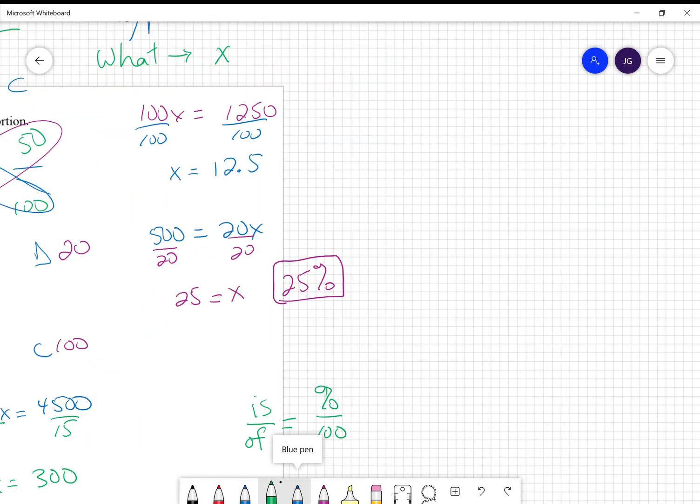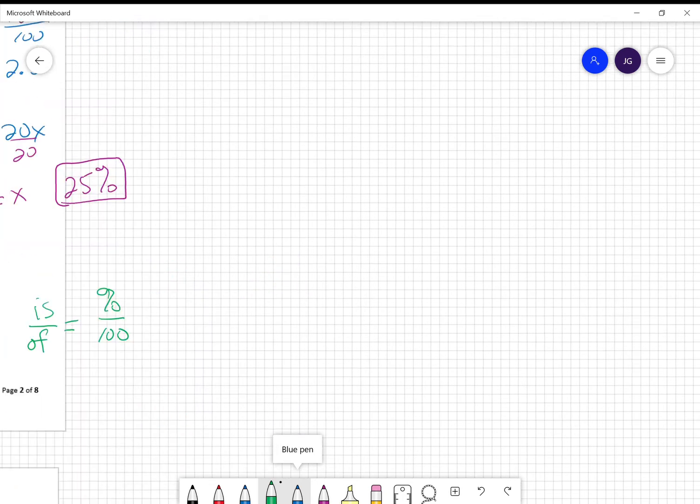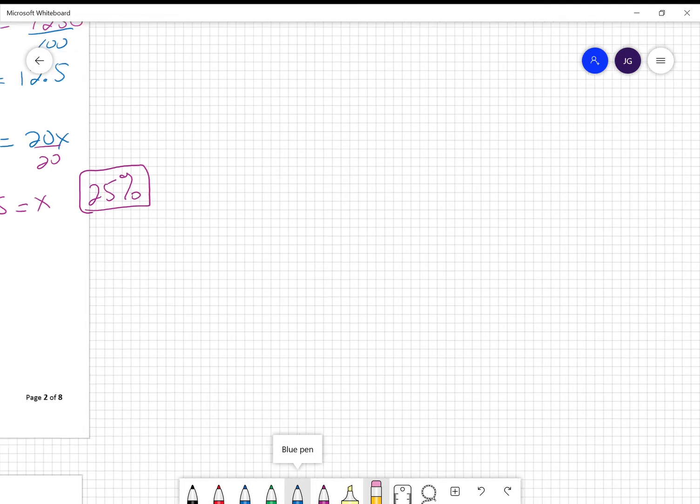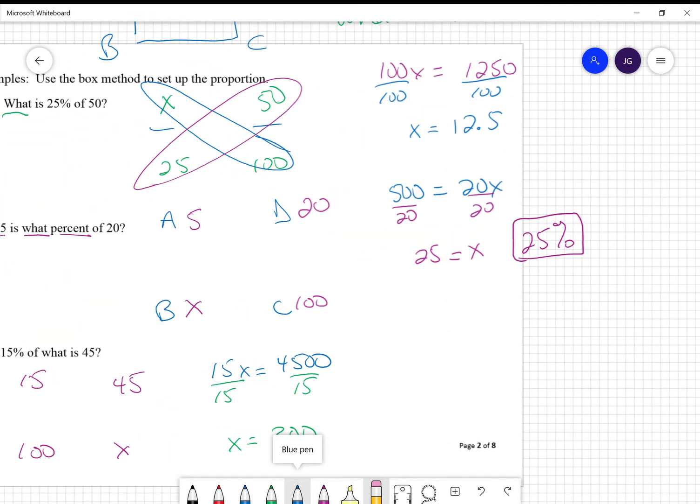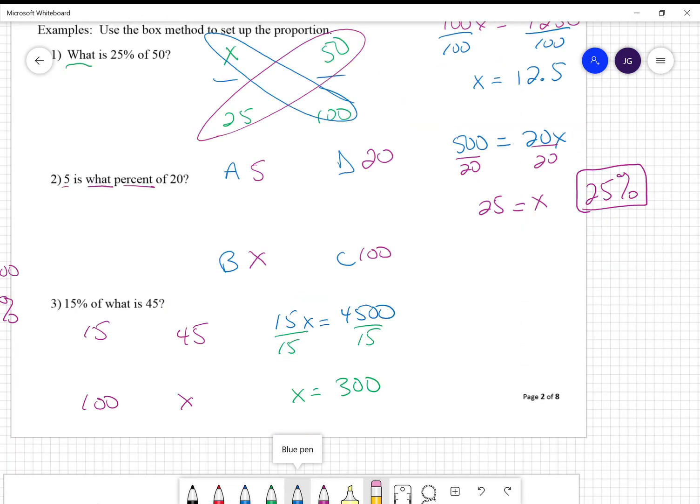And I show it because a lot of people are familiar with it, but they're like, I just can't remember how to do it. Actually, what I'll do is I will erase the box method, because if you want to see it, you can just back up the tape.